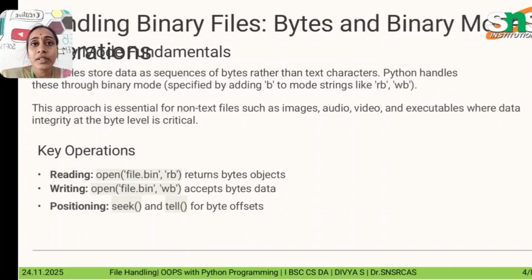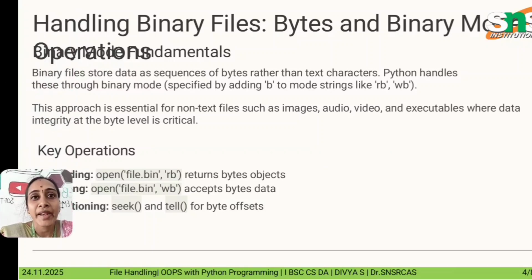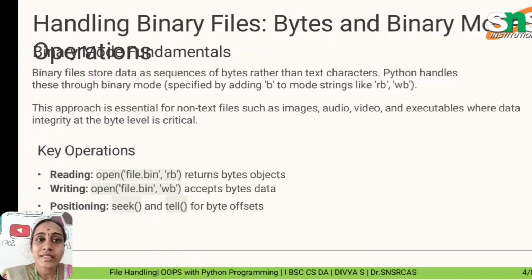So next we go with how to handle binary files, and we work with bytes in the binary operations here. Binary files store data as a sequence of bytes rather than text characters, and Python handles these binary modes by adding b, that is mode strings like rb or wb. This approach is essential for non-text files such as image, audio, video and executables, where the data integrity is critical.